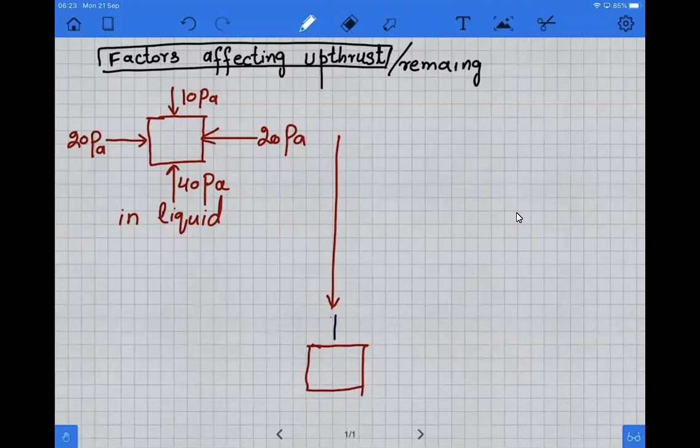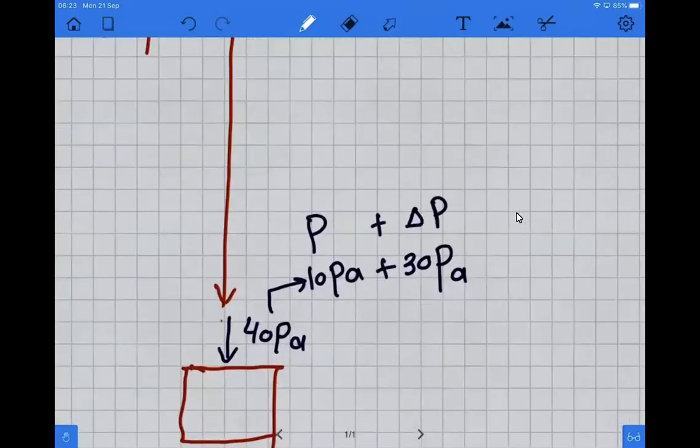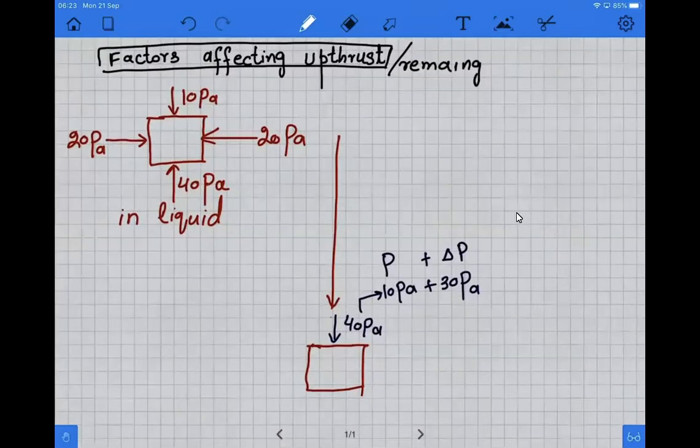If the pressure on the top is increased by 30 Pascal, just for example, it becomes 40 Pascal after an increase of 30. Now this is P and this is delta P, the increase. So if the increase in pressure on the top is 30 Pascal, then on all the sides the increase would be 30 Pascal. This would become 50 Pascal.